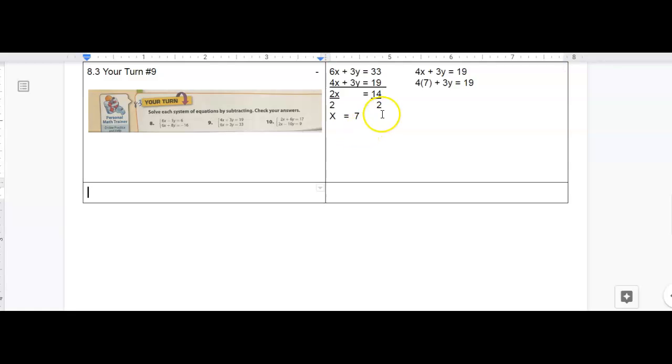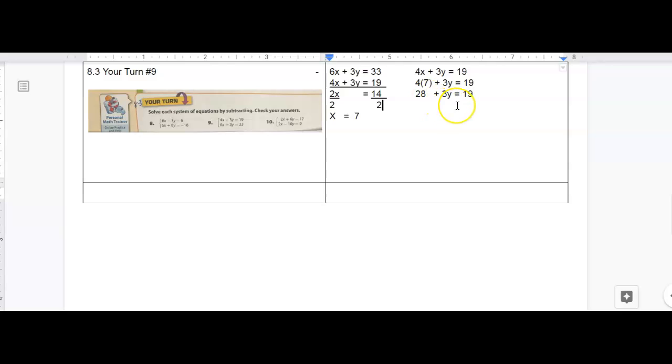Now the thing that pops out at me is those parentheses. So 4 times 7 is 28. So I put 28. Okay, so 28 plus 3y is equal to 19.